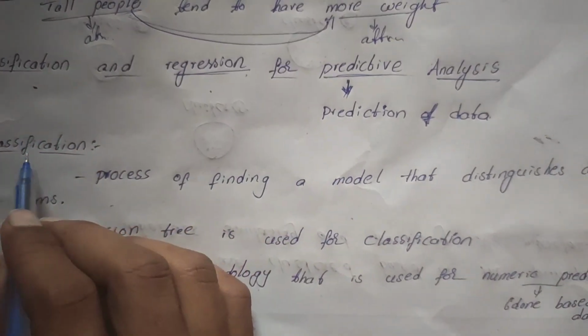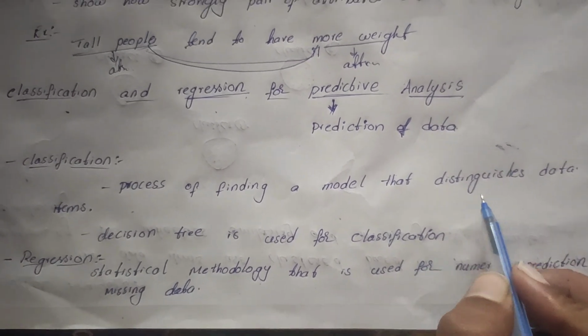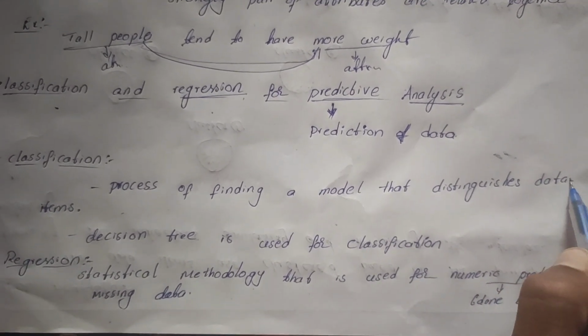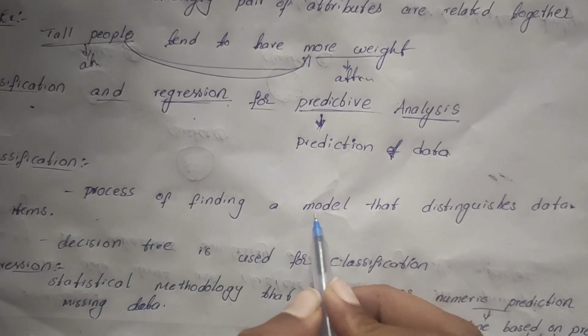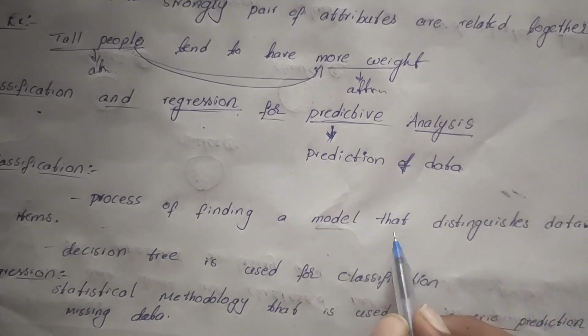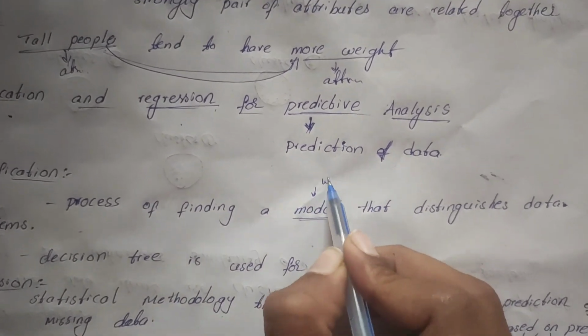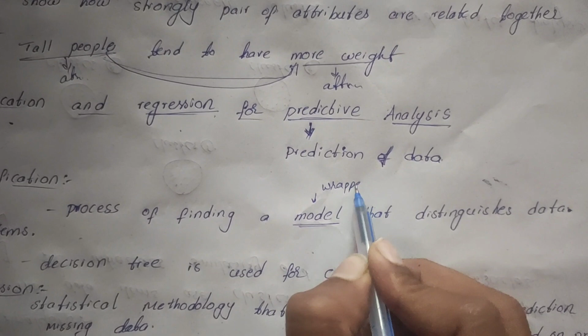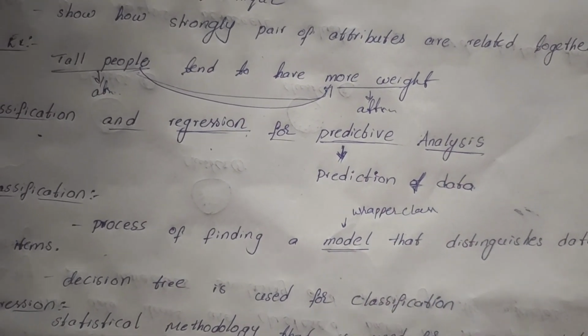Classification is the process of finding a model that distinguishes data. For example, wrapper classes are such a model. We find the model that distinguishes the data and determines the data items.